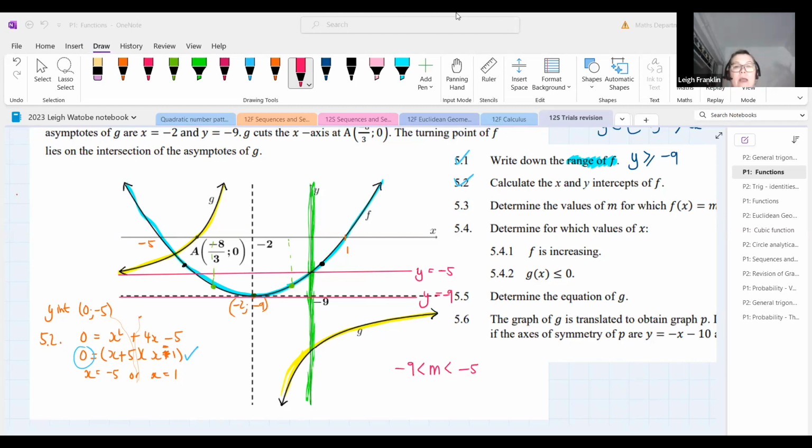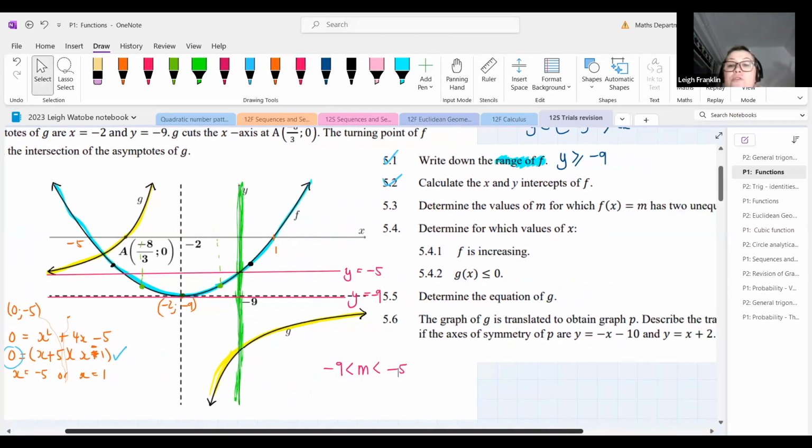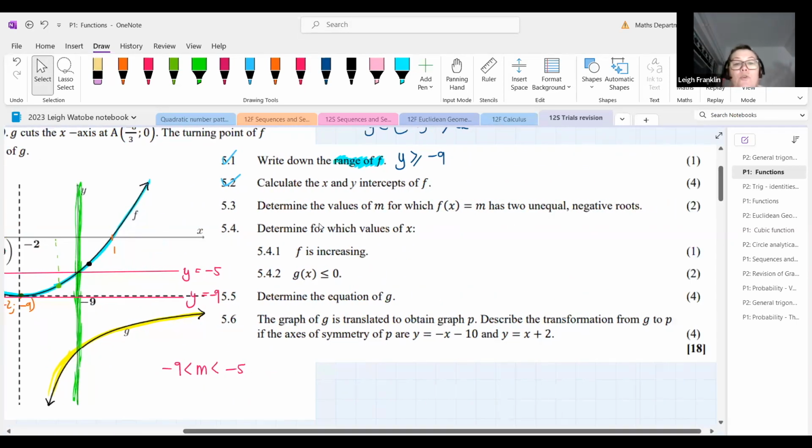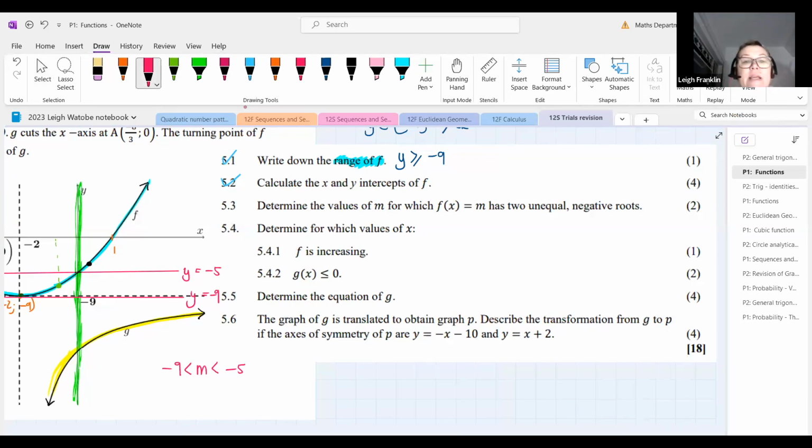Yes, Lesedi, your hand is up. Hi, ma'am. Hi, Lesedi. Ma'am, why are we using y values when they said we must determine the values of x? They didn't say we must determine the values of x. They said we must determine the values of m. So let me just put the question there. Can you see it on the screen now? That's fine. No wonder you were confused.